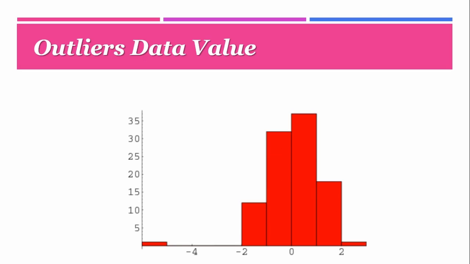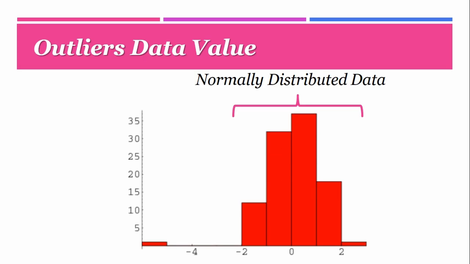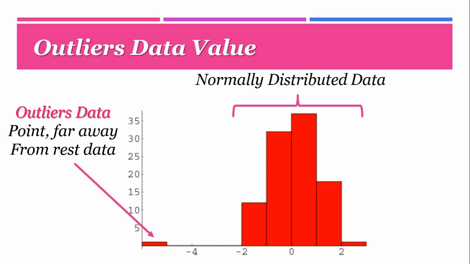If you look at this graph, the majority of data is ranging between +2 to -2. Hence, we can say this part of data is normally distributed, while a few of the data are far away from the rest of the data, even beyond the -4 value. Such data is called outlier data, and such data is not expected in a paired t-test.